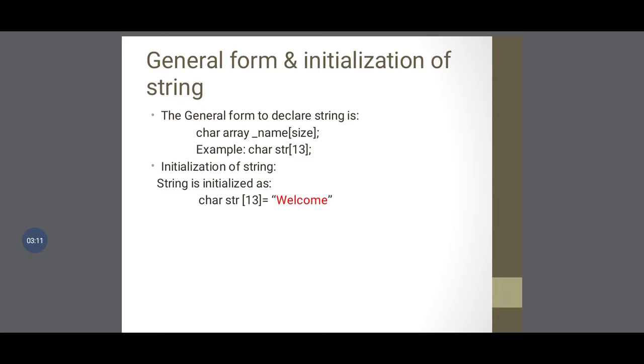Which string have we taken here? That is welcome. So in this way we initialize the string: we write char, then the name of the string, its size in brackets, equal to, then the string you have, which you mention in double inverted commas.